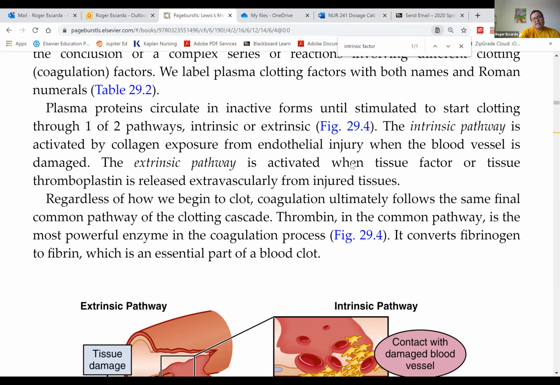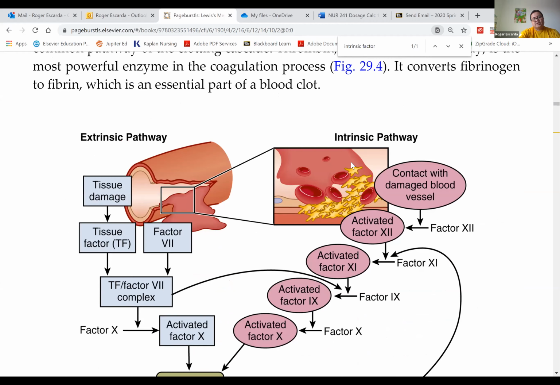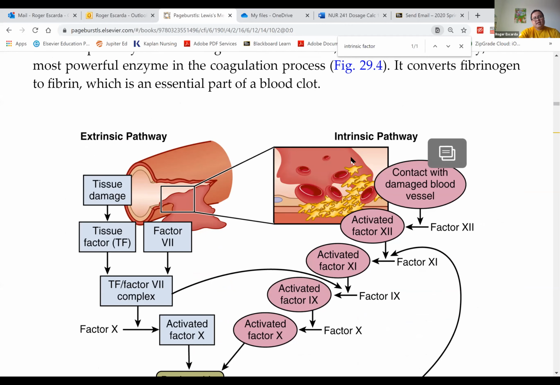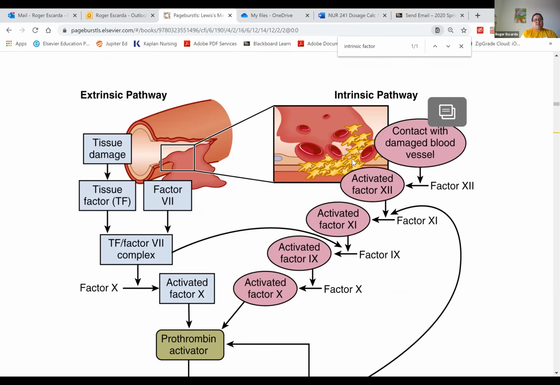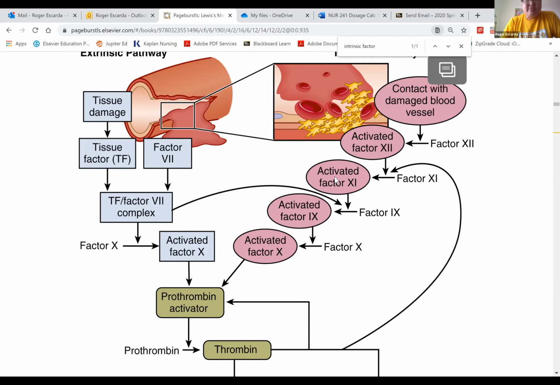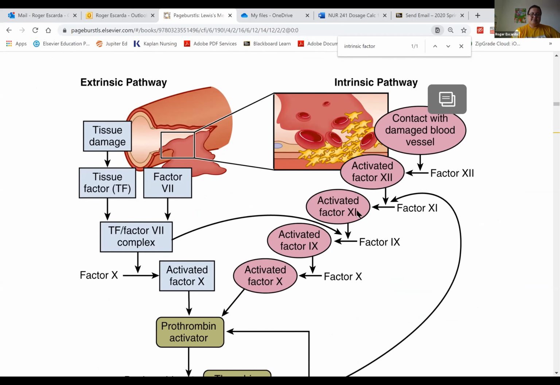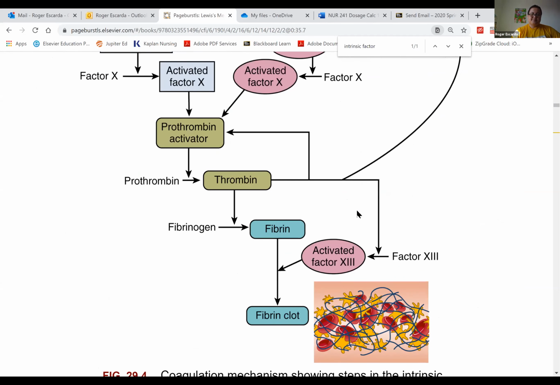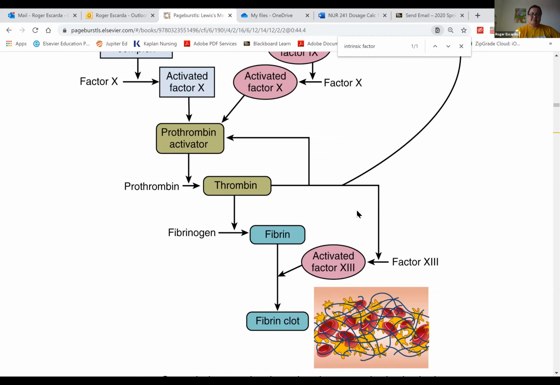So that's for anemia, and then now let's go to thrombocytopenia or bleeding disorders. Before we go into that, let's cover this one. You still remember how the body forms blood clots? This figure right here.